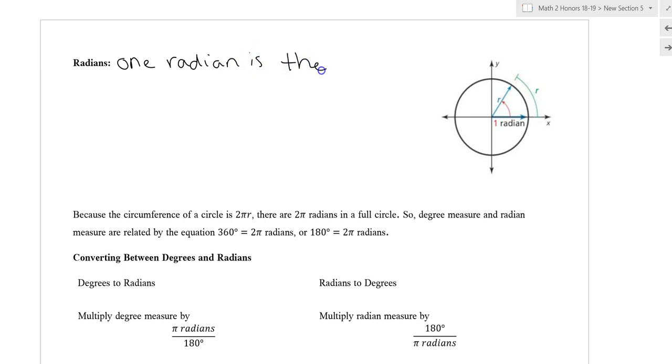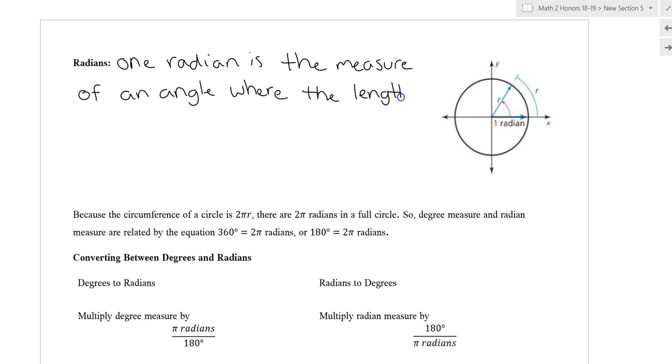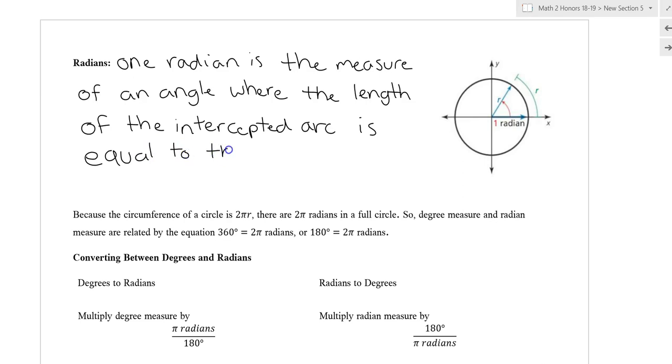is the measure of an angle where the length of the intercepted arc is equal to the radius.